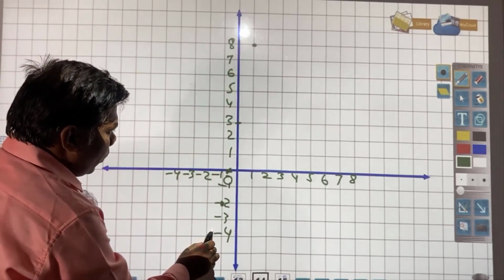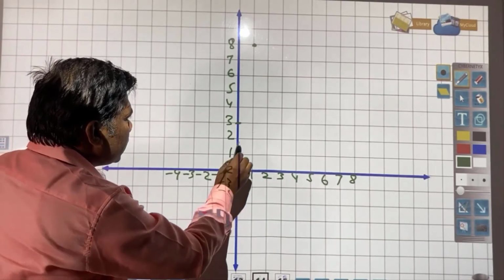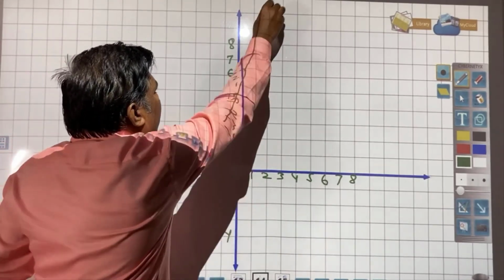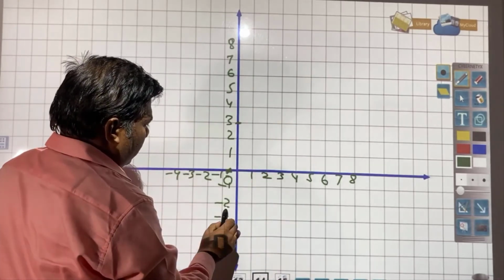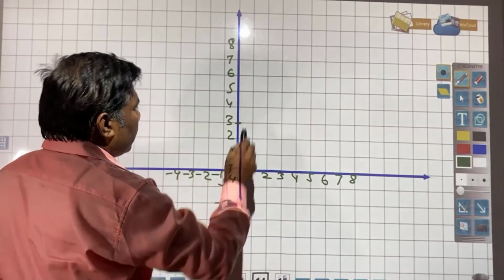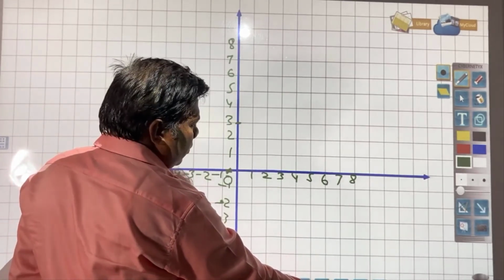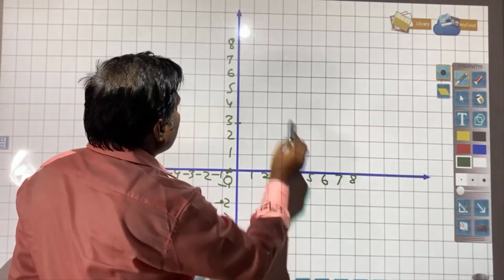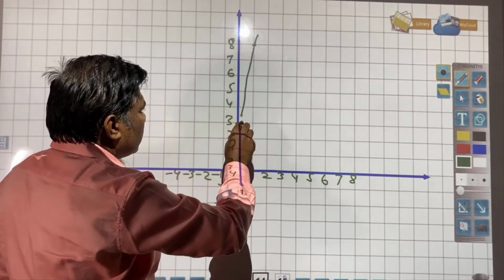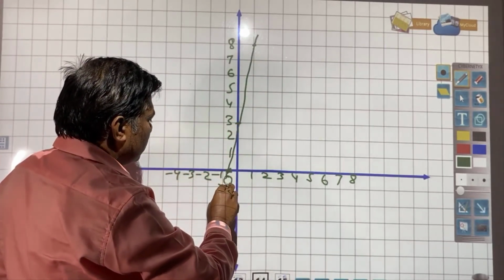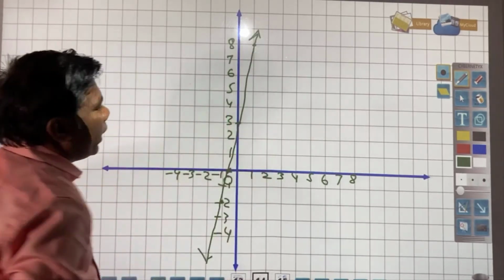Here you see, with the help of a ruler, you need to draw this line in proper way. In this way, your line will be drawn.